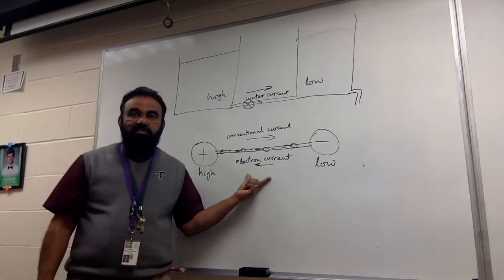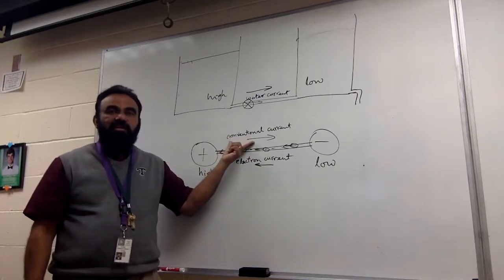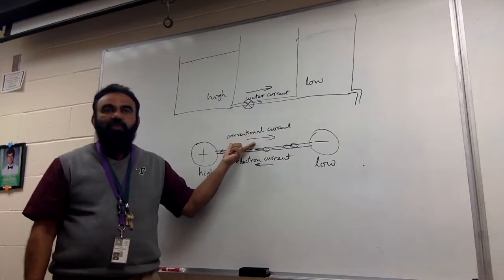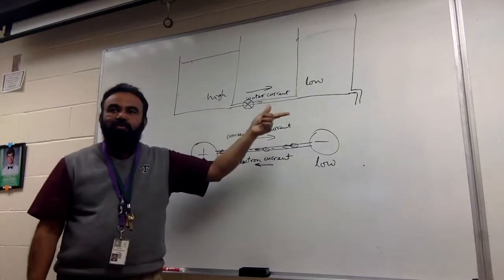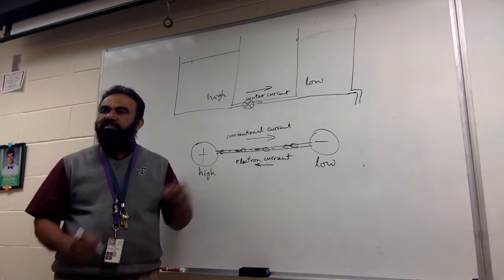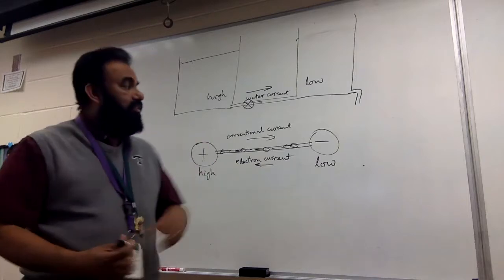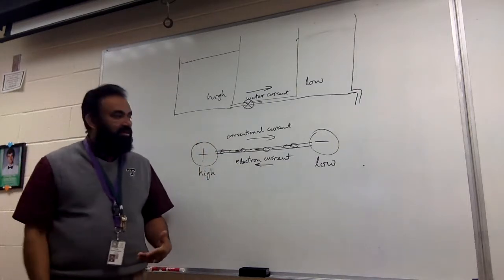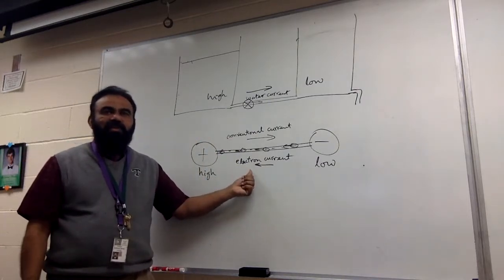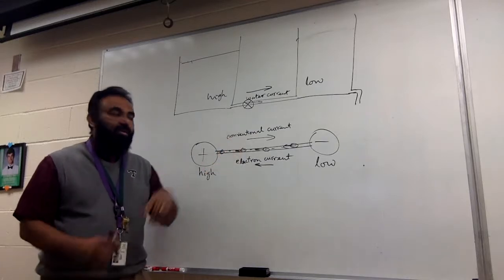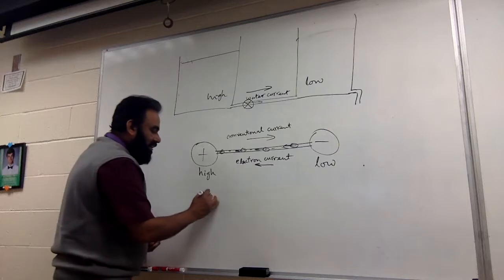So electron current is completely opposite of the conventional current. Conventional current means what? That is how everything works. Everything goes from high to low. Since everything is going from high to low, see, this is going from high to low. And therefore, why do we consider this to be the actual current direction? Let's consider this to be the current direction. And so what is the conventional current defined as?